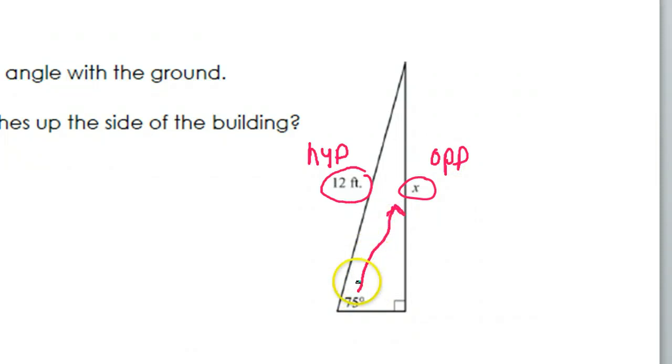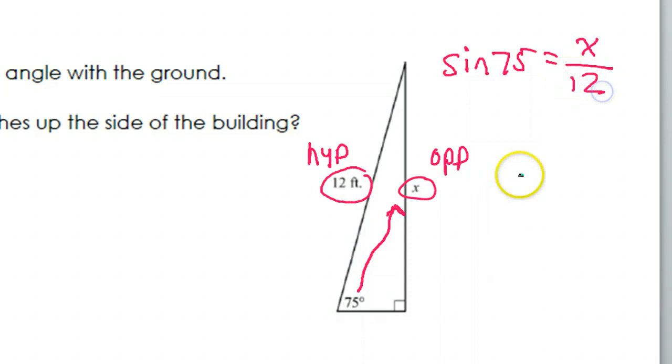So with opposite and hypotenuse, we would definitely be thinking about the sine function, because we have learned that sine of an angle is the opposite leg over the hypotenuse. So that's x over 12.